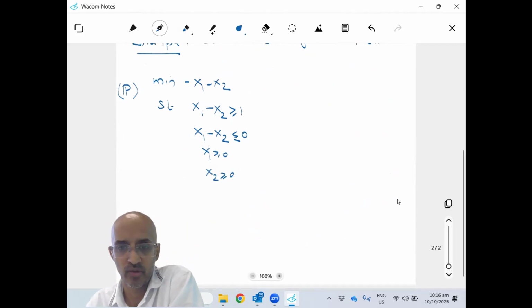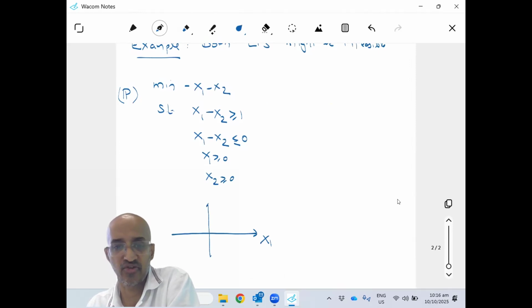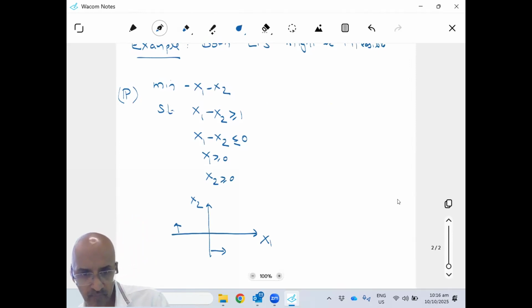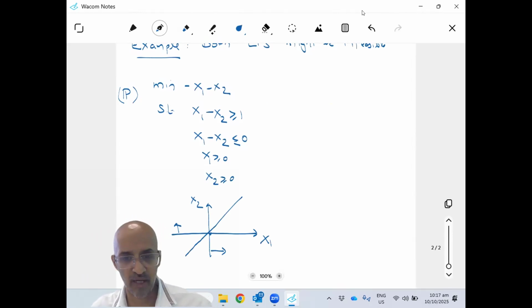So this is clearly infeasible. If this is x1 and this is x2, with x1 non-negative, x2 non-negative, and x1 minus x2 less than or equal to 0, then x1 equal to x2 is this line through the origin, and the feasible side is this side of the space.